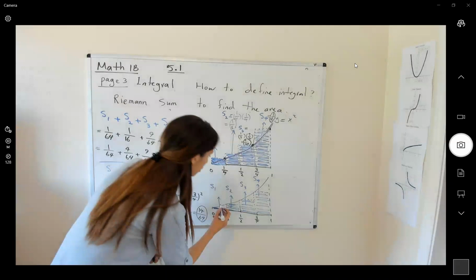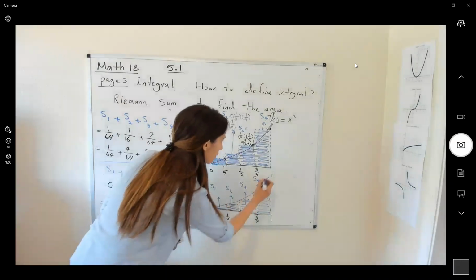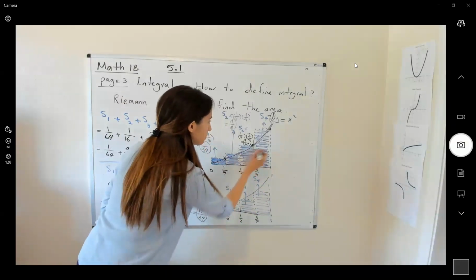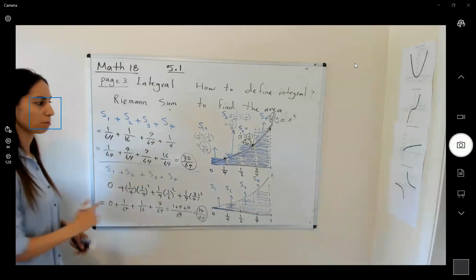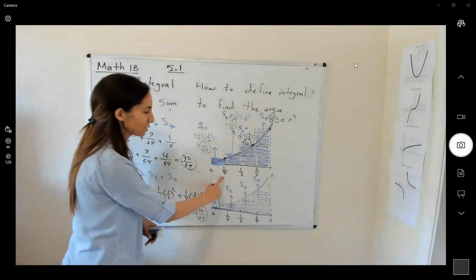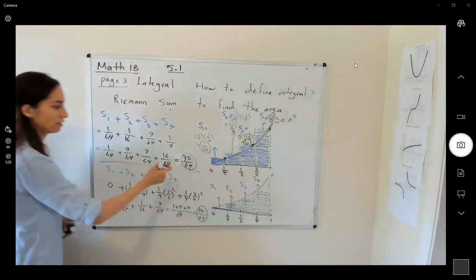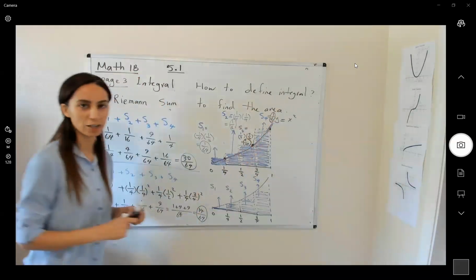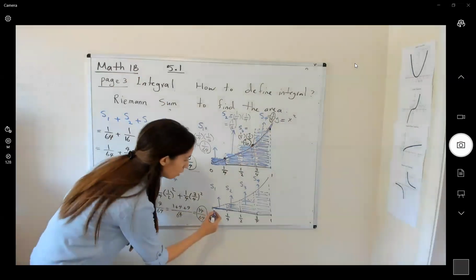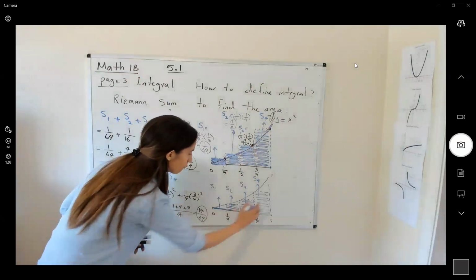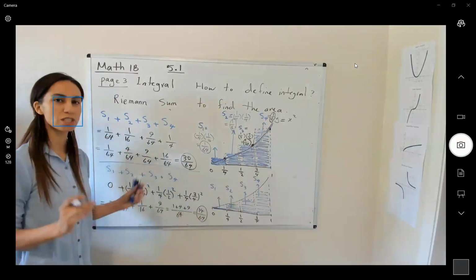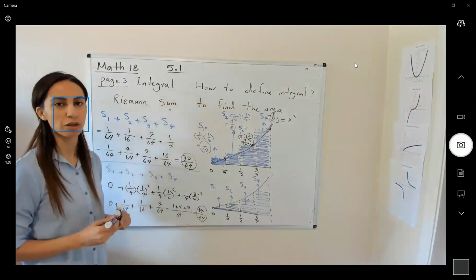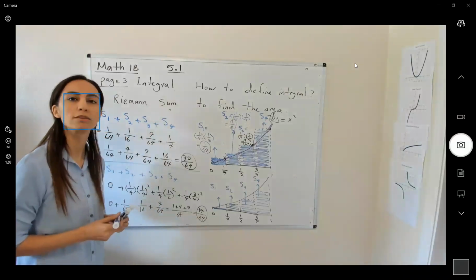Again, our goal is to find this area. By taking upper limits, we have an area which is larger than the actual area. By taking lower limits, we find an area which is smaller than the actual area. But what is our conclusion?